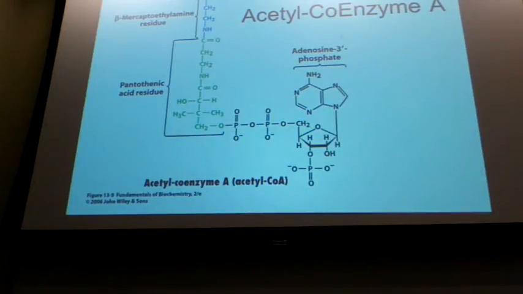So we've got something that looks like a nucleotide here with some phosphate groups on it, and then this funky bridging thing, and then another little group that looks very amino acid-like, and then this little thioester linkage, and so that's the acetyl group that was frequently added. In particular, when we're looking at fatty acid metabolism, there's going to be a lot of transfer of acyl groups going on back and forth.